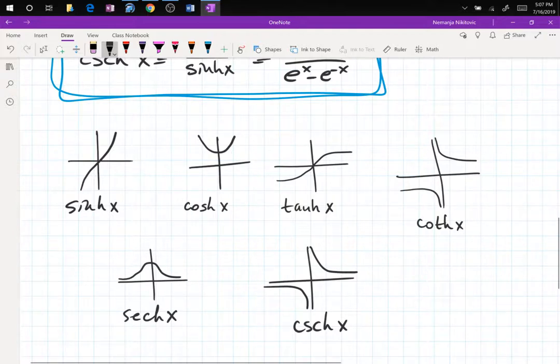Cosine hyperbolic starts at 1 and goes up forever. So your domain, left and right, is all real numbers, and your range, the y values, starts at 1 and goes to positive infinity. So you just use your eyes and look at them, and you will know.